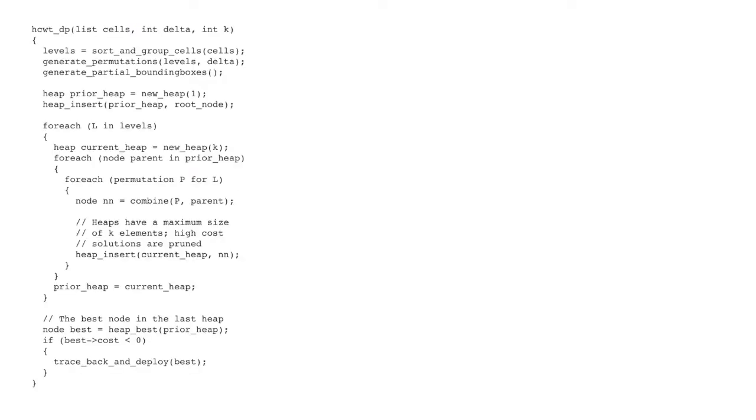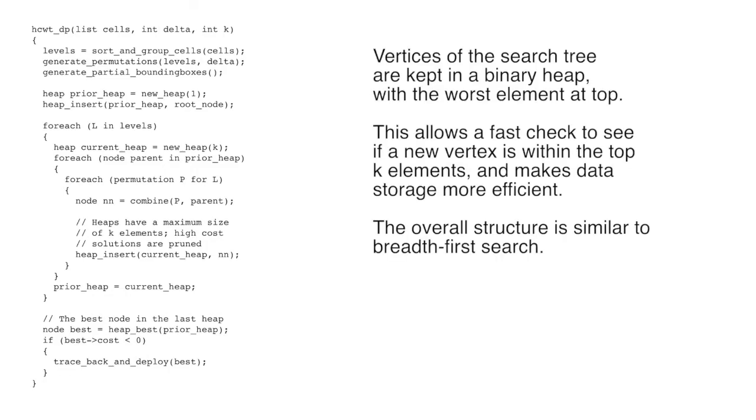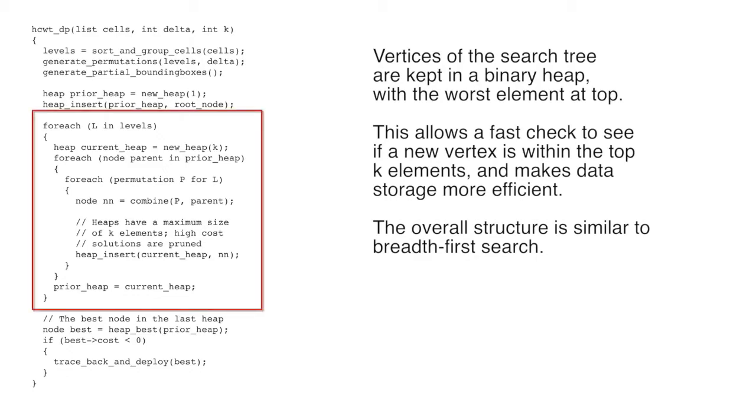So to quickly take a look at the pseudocode for our heuristic, it's very much like breadth first search. We have some initialization and building up the data structure so we can do our computations efficiently, and then the heart of it is really a for loop in the middle. We take a previous layer of our search tree, and then we combine it with new permutations for the next row. We do the cost calculations, throwing each configuration into a binary heap.